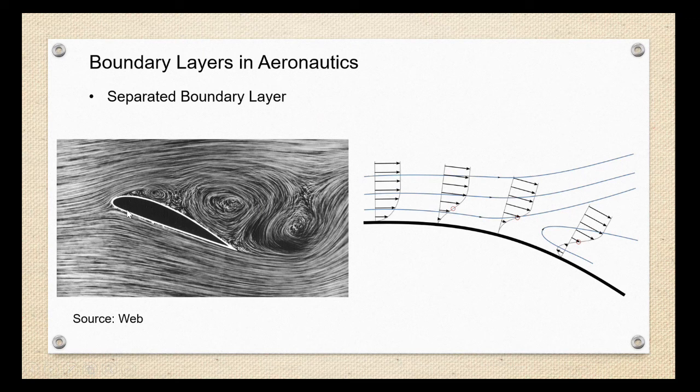And this typically happens when you have an aerofoil at an angle of attack close to the so-called stall condition, where the boundary layer separates, and in fact at the stall condition it separates over most of the suction surface, and you see this large wake with its own complex structure present. So that is a separated boundary layer.